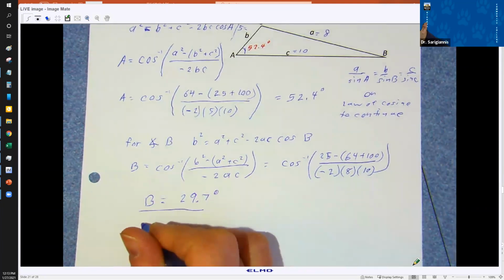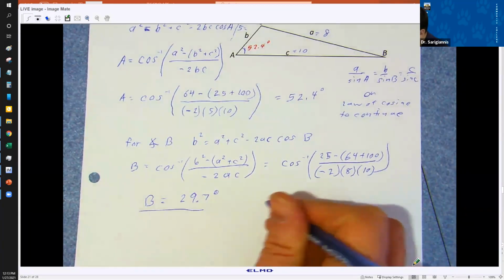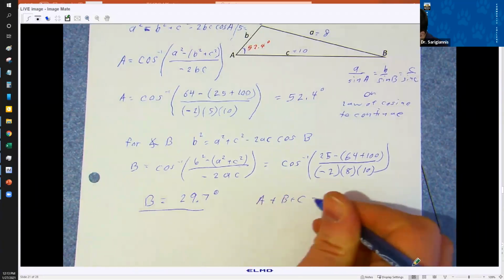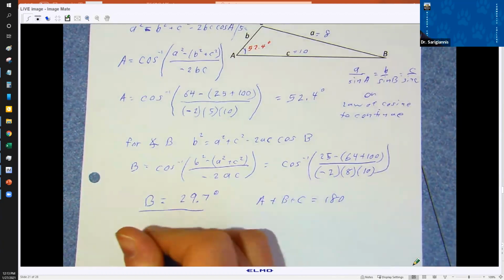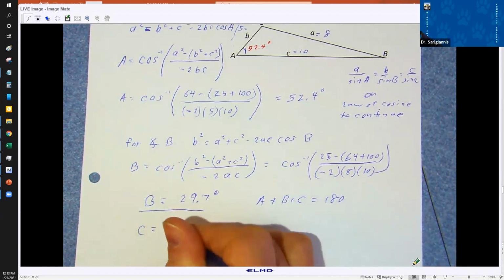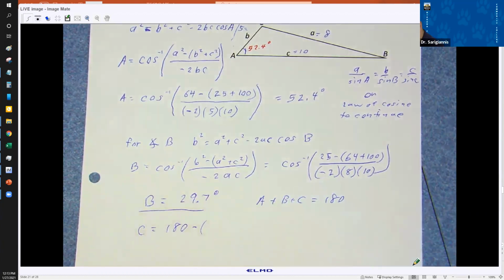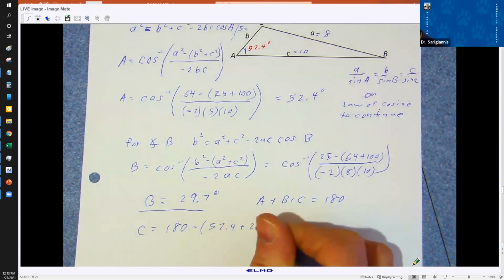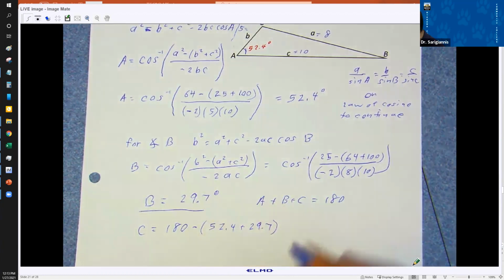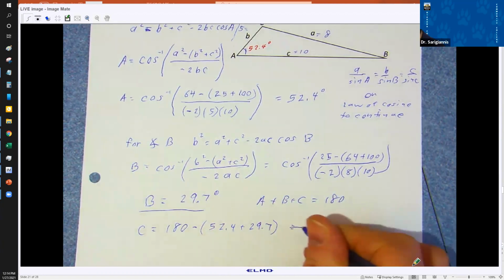And then C, well, we know A plus B plus C is equal to 180 degrees, because of the triangle. So C is just going to be equal to 180 minus 52.4 plus 29.7. Let me just draw an arrow.